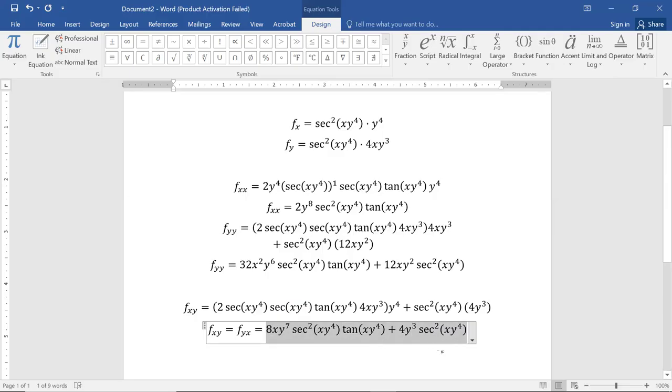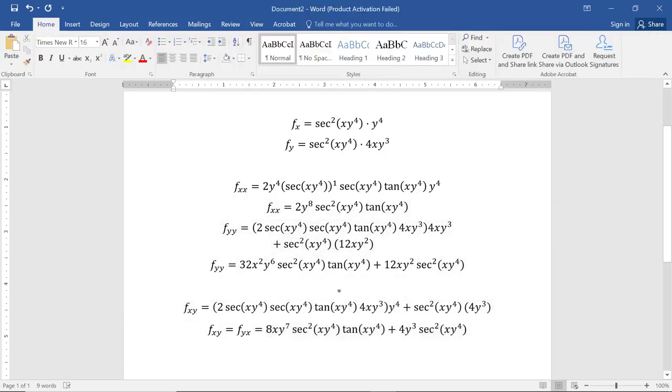Again, these are not easy functions to deal with. We needed to remember lots and lots of different derivative techniques. In particular, we needed to do sort of a chain rule inside of a chain rule in order to be able to take a derivative of secant squared of x times y to the fourth. And because we have two functions multiplied times each other, we also needed to be able to do a product rule in with that.